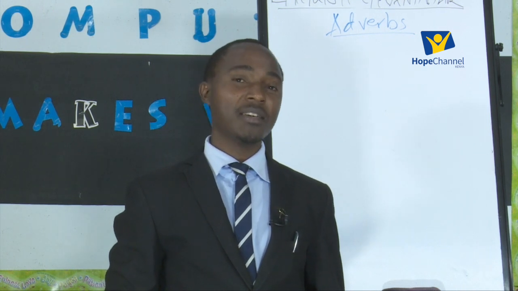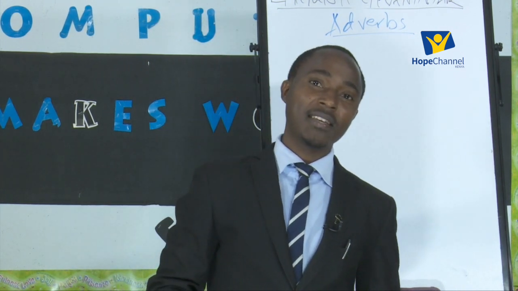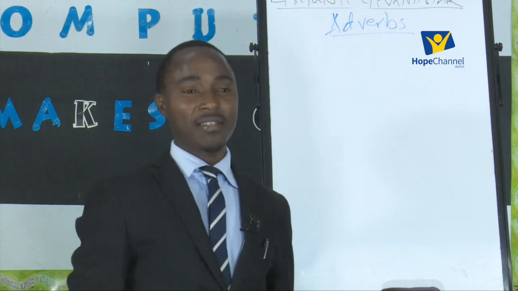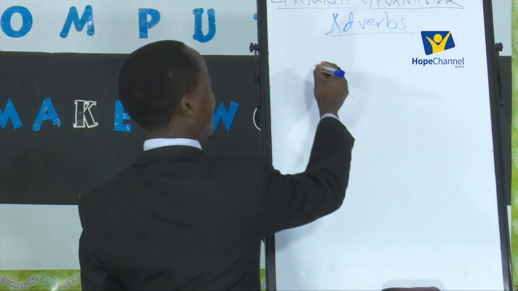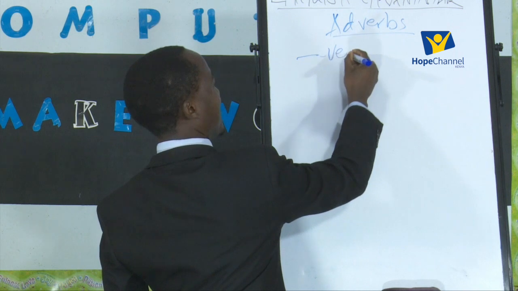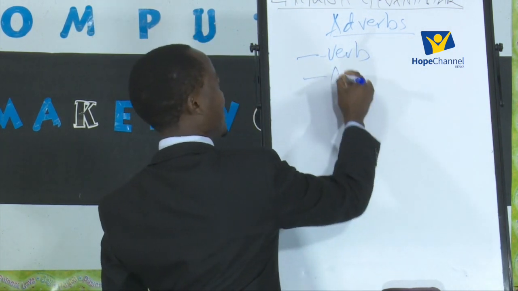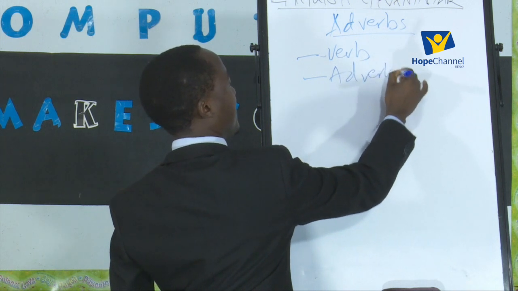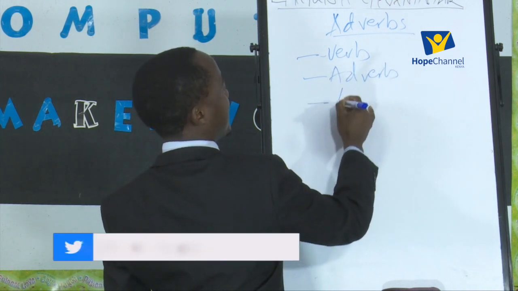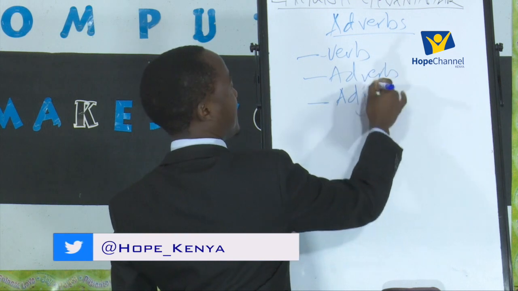An adverb, to begin with, is a word that is used to modify three things. One is a verb. It modifies a verb. Two, it modifies an adverb. And three, it modifies an adjective.